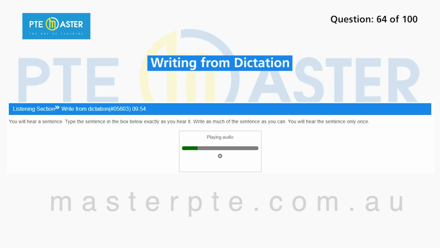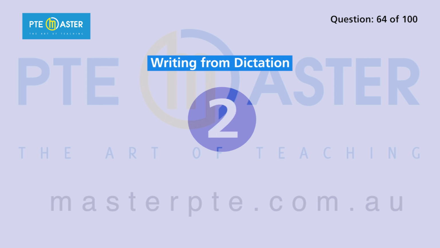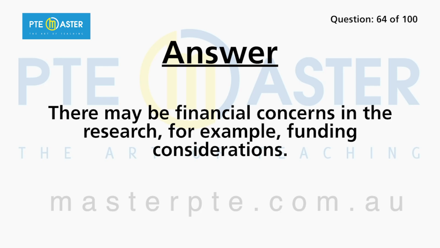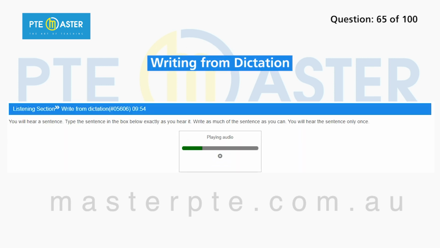There may be financial concerns in the research, for example, funding considerations. At that time, few people moved from towns to villages.